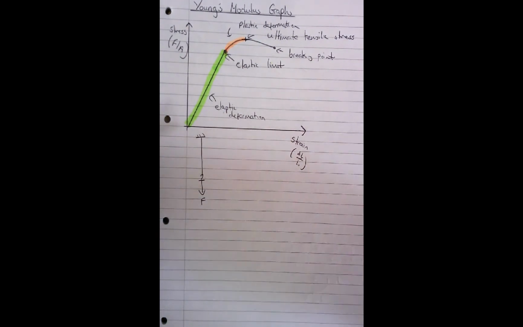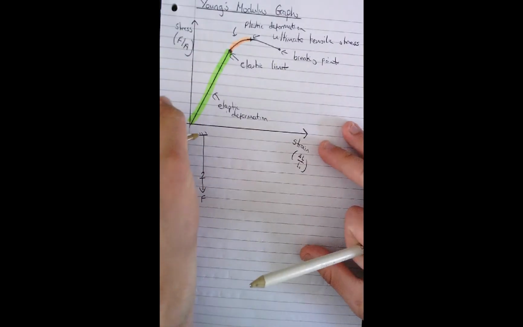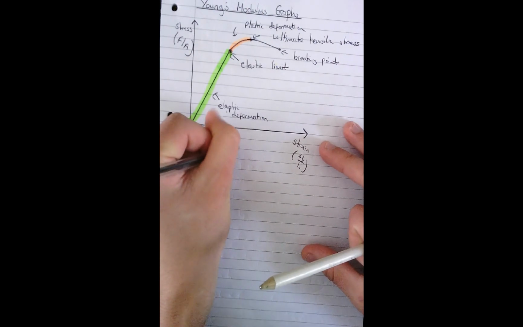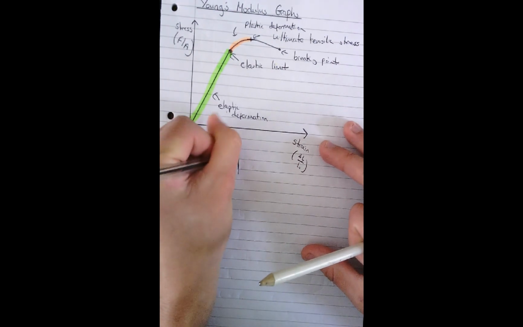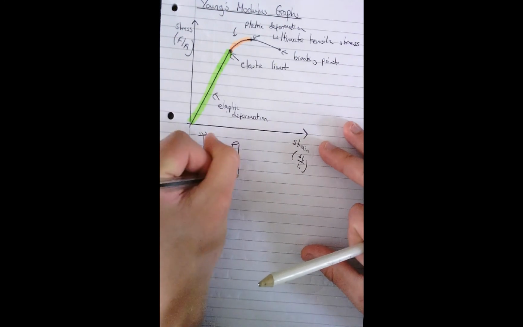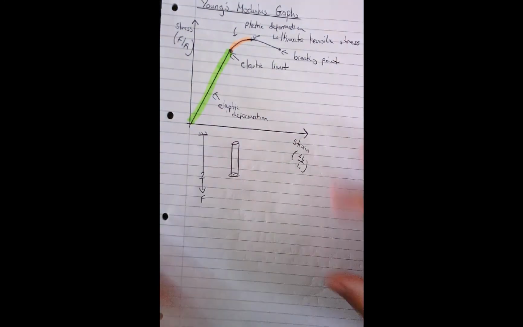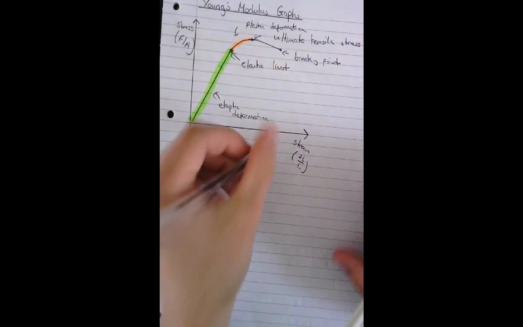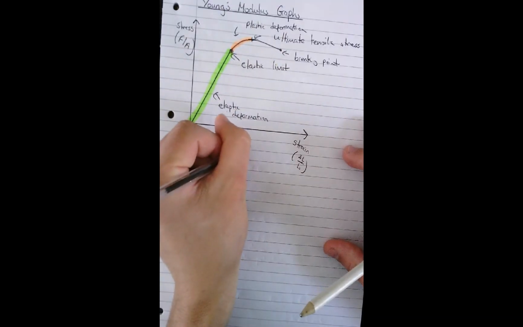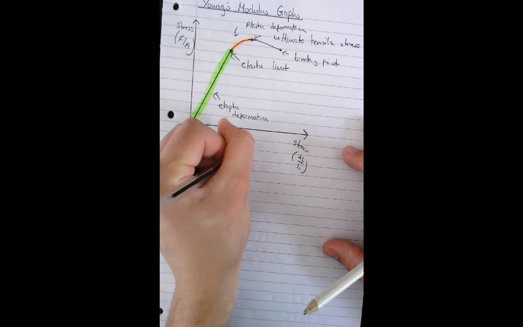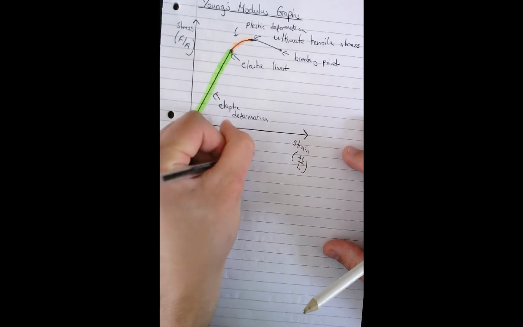In that case, if we were to zoom into that material, if it was just a wire, it would start off looking like this. It'd be a uniform sort of cylindrical wire. Now, as you get to that point, what starts happening, and this is before the breaking point, is this wire actually starts getting narrower.